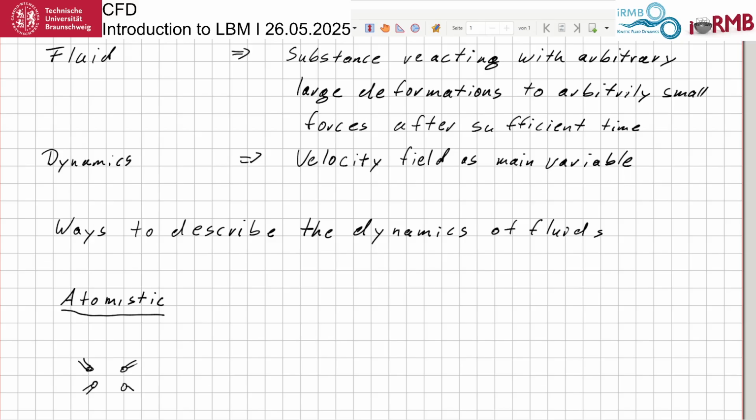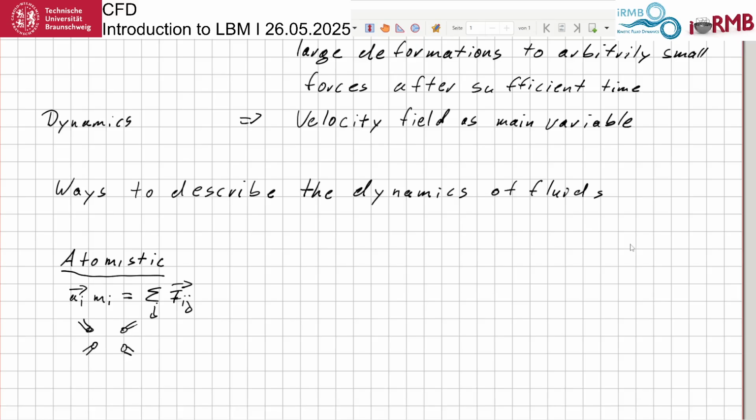I'm going to draw them like this, and then there are forces, so playing around with equations, there will be an acceleration of a particle i that has the mass m_i, given as the sum over all interactions with other particles. So this is simply, you could say, Newton's law. Acceleration of one particle depends on the forces that act on it. So this is the atomistic view.